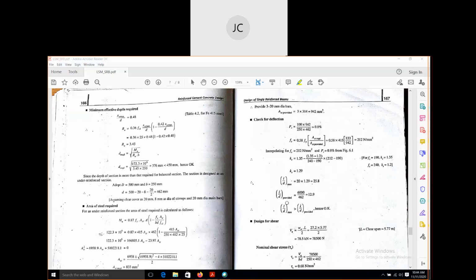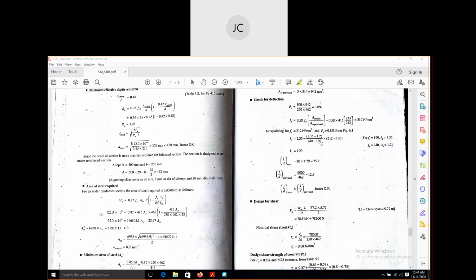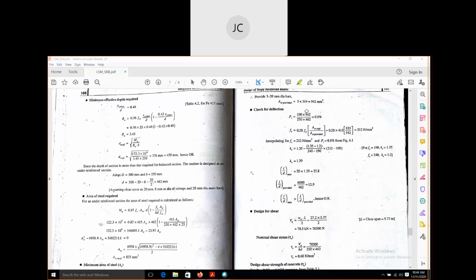Check for deflection. Okay. So now for doing this check, first we have to find out the percentage of steel. What is the formula for percentage of steel? It is 100 AST by B into D. In this problem, this is AST provided.